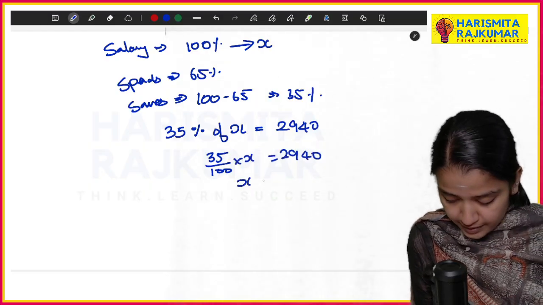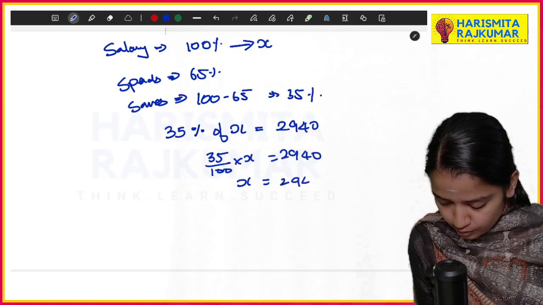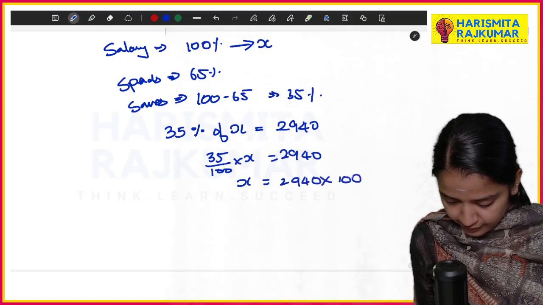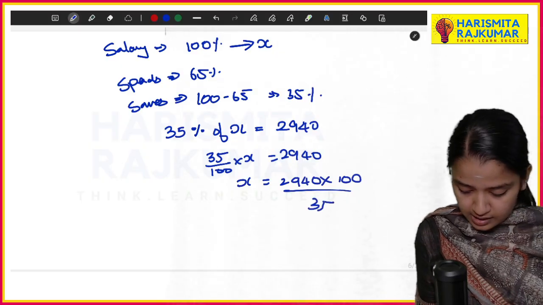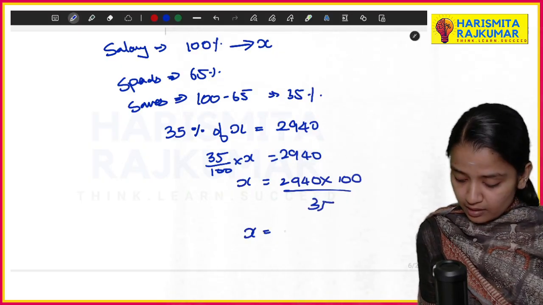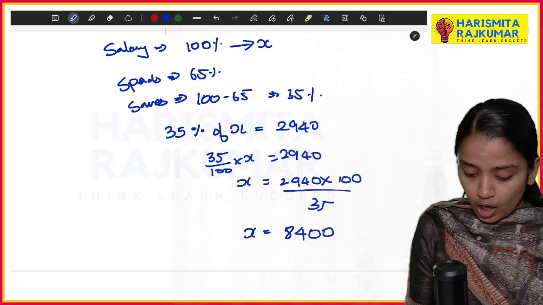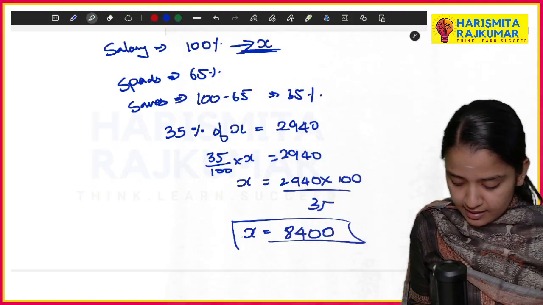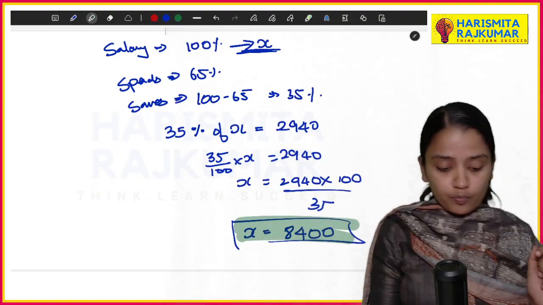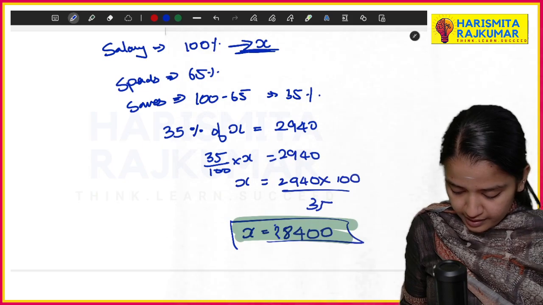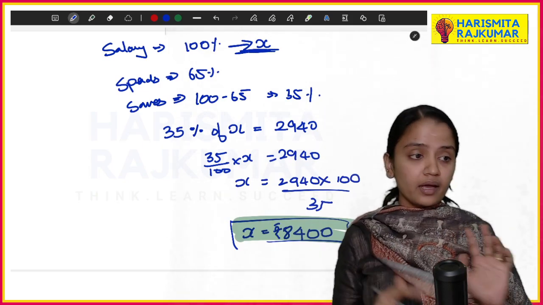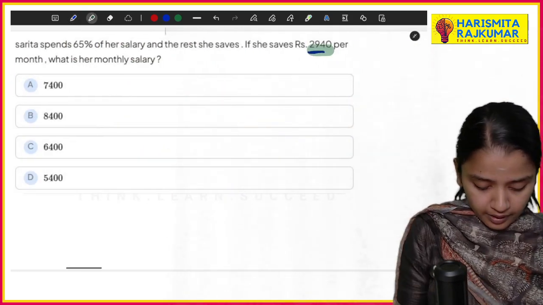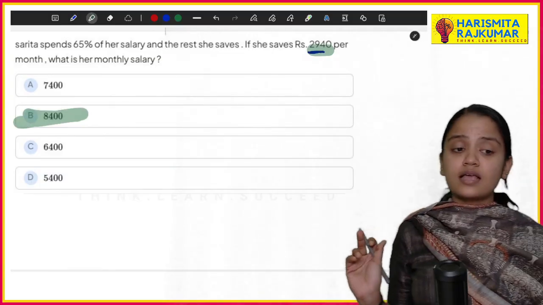So X will be 2,940 into 100 by 35. Your answer X is 8,400. So your 100 percentage is nothing but your X. The base salary is 8,400, so your answer is 8,400.